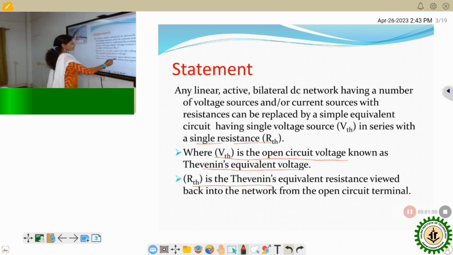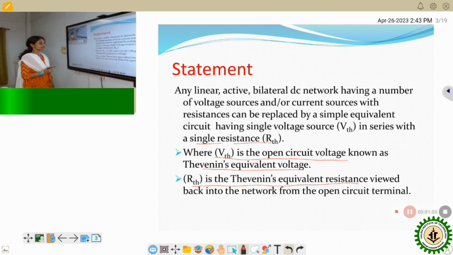RTH is the Thevenin equivalent resistance that is viewed back into the network from the open circuited terminals. This is the statement of Thevenin theorem.